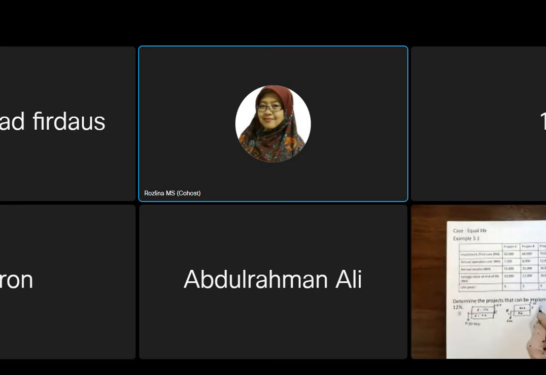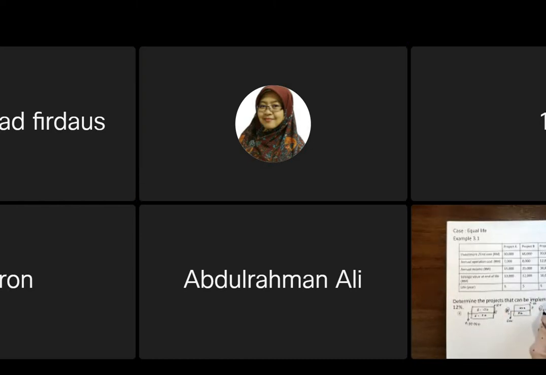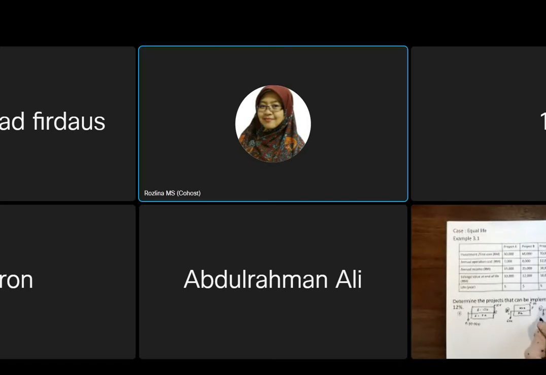Then C. We have P as 70k, A as 12,000, and income of 30,000, with salvage value of 10.